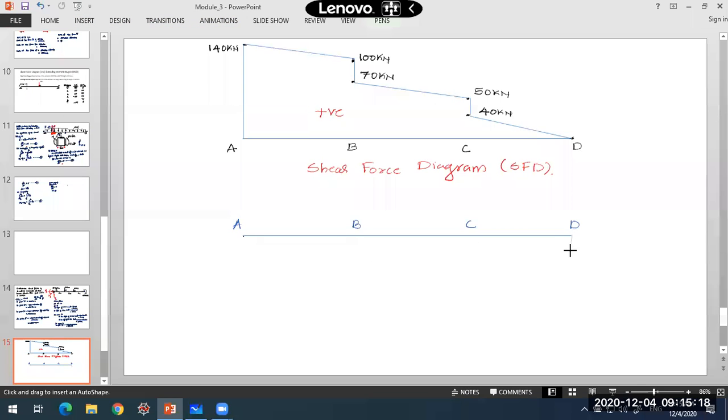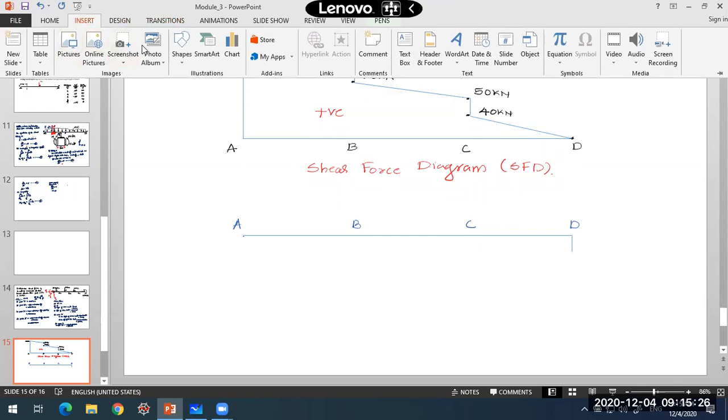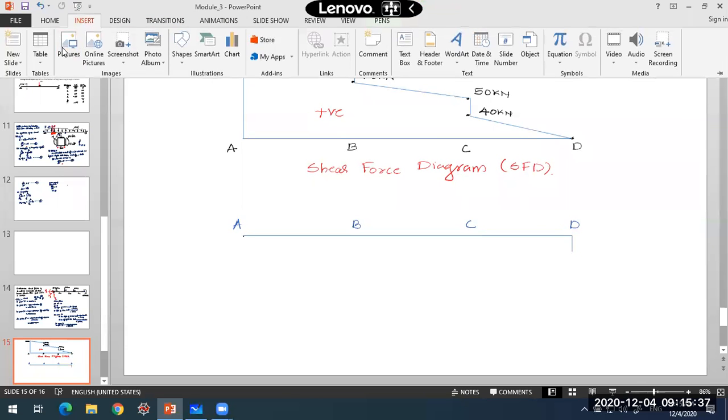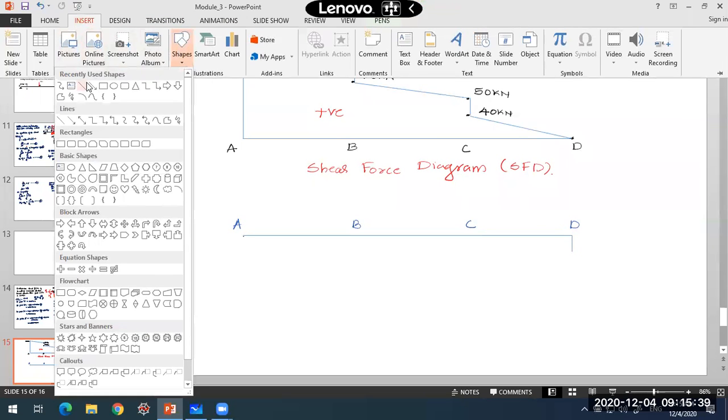This is the ordinate representing the moment at point D, and at point C the value is minus 80.